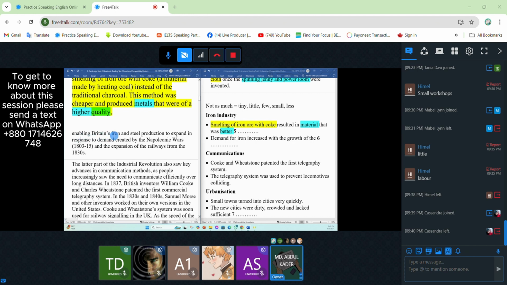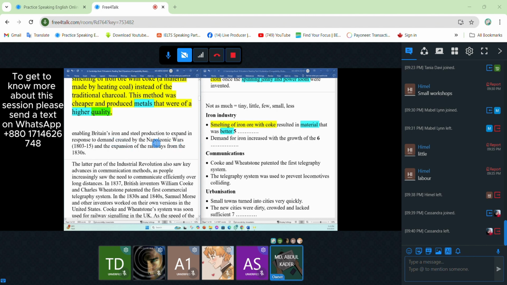So enabling Britain's iron and steel production to expand. That means this method was cheaper and produced metals of higher quality, and this method enabled Britain's iron and steel production to expand. To expand means to enlarge. And what happened in response to demand? In response to demand means to fulfill the demand that was created by the Napoleonic Wars.